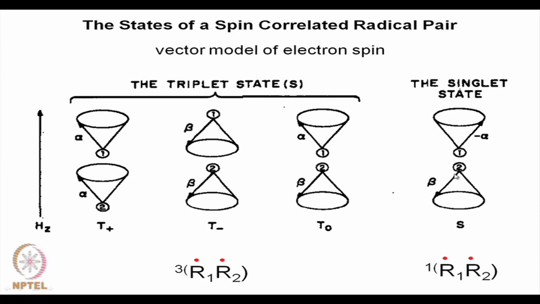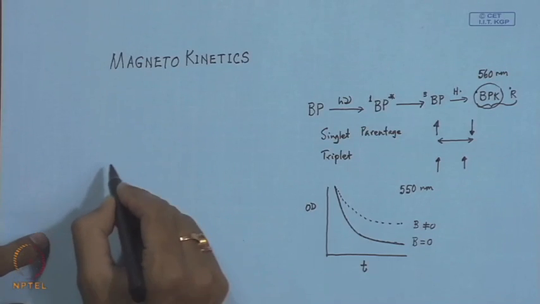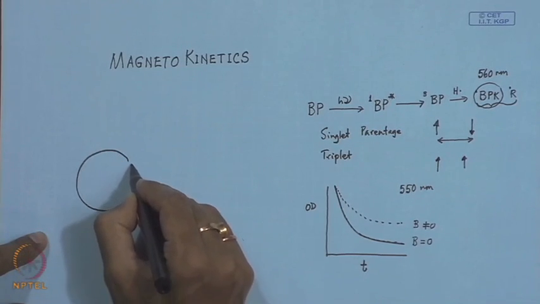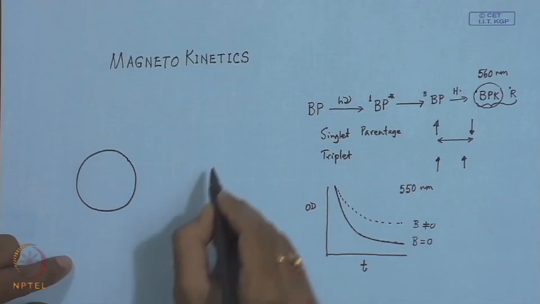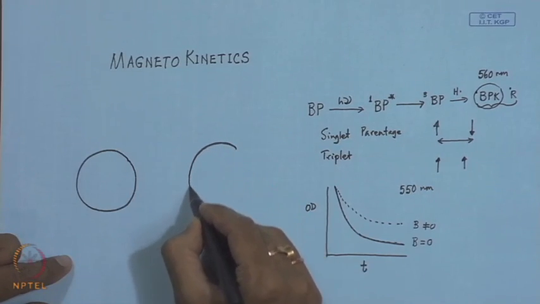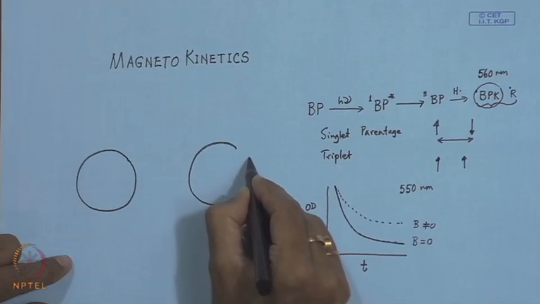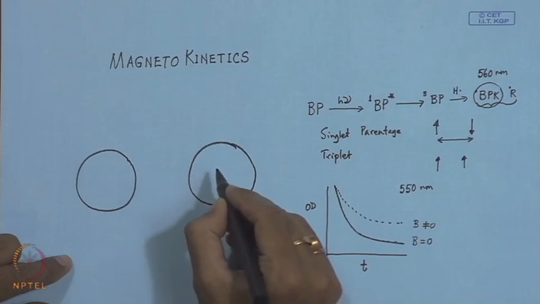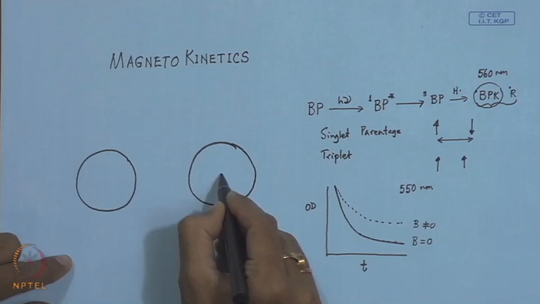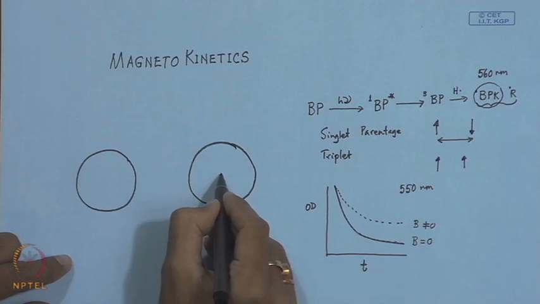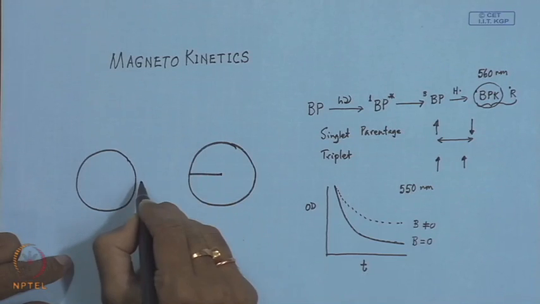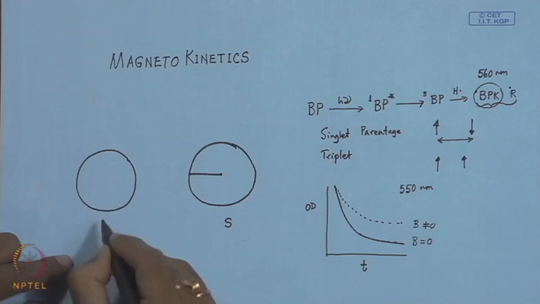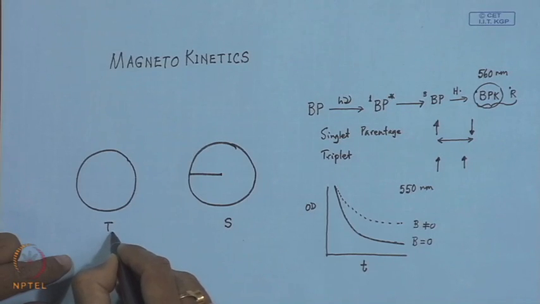So if you view from the top, then for your T plus, you see that you are viewing from the top. This is for your S, so this is for T, so T0.